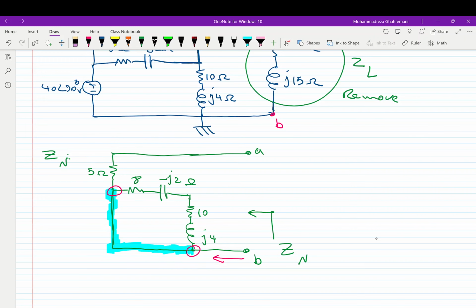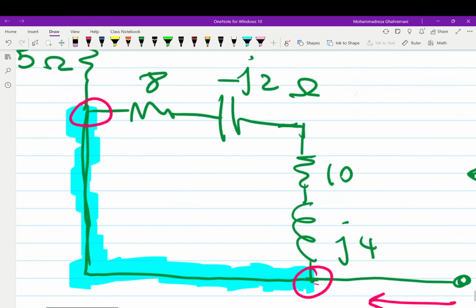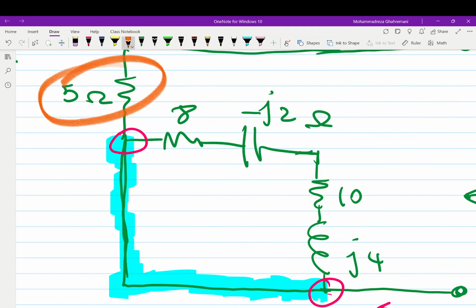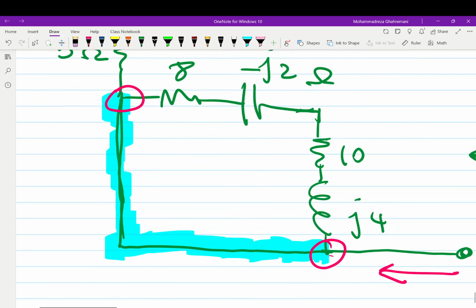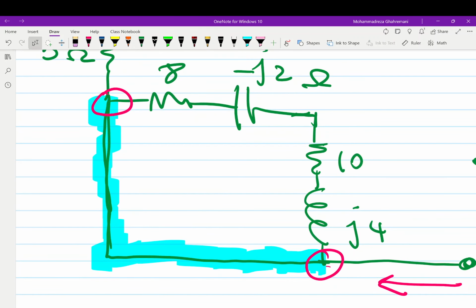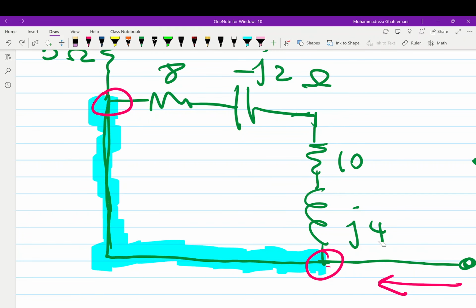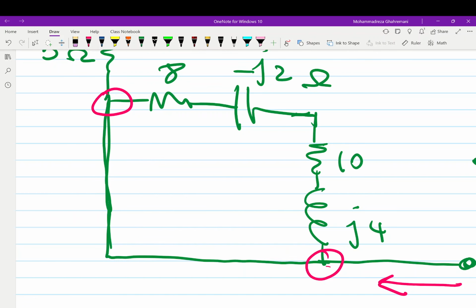In fact, let me specifically talk about this part, not the 5 ohm resistor. I don't want to talk about that one because the current is moving through it regardless of the direction. If we look at these two circuits, the current has two paths.